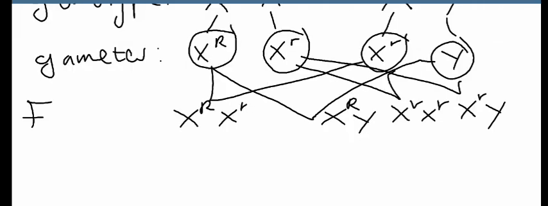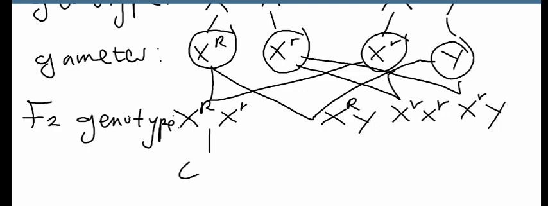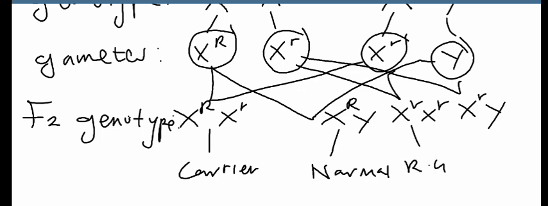We are going to say F2 genotype, not F1 genotype, because the F1 genotype were, I think, J and K. Yes. So these L and M are F2 genotype. This one is going to be a carrier, which is a female. Then this one is going to be normal, which is a male. Then this one is going to be red-green color blind, and this one is going to be red-green color blind also.